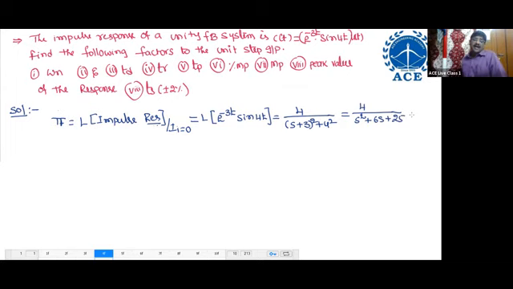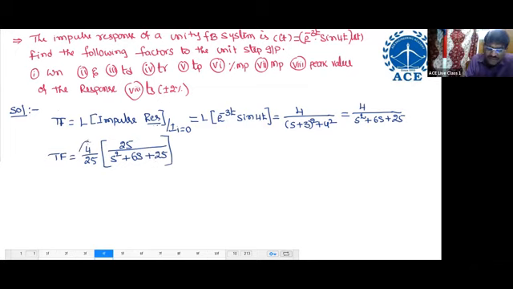But it is not in a standard form. So I can bring it into standard form by multiplying and dividing with 25. I can write 4 by 25, then 25 by s square plus 6s plus 25.